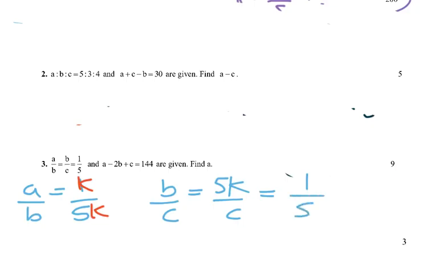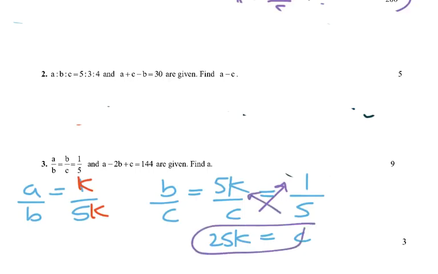So that means that c, if we cross multiply, must be equal to 25k. So again, if we write this as a ratio of A to B to C, we'd have k, 5k, 25k.